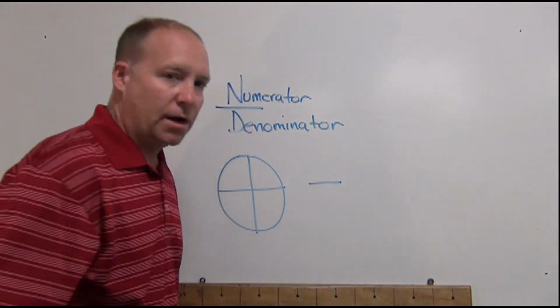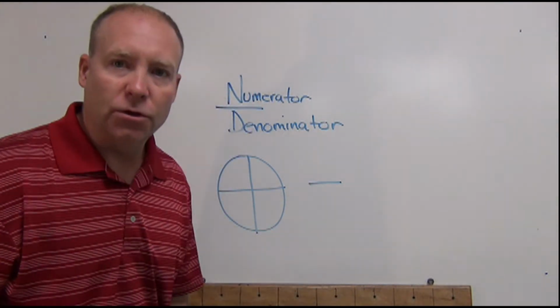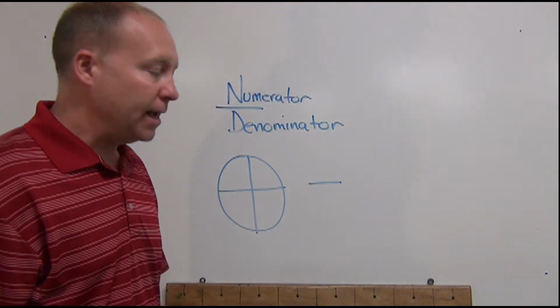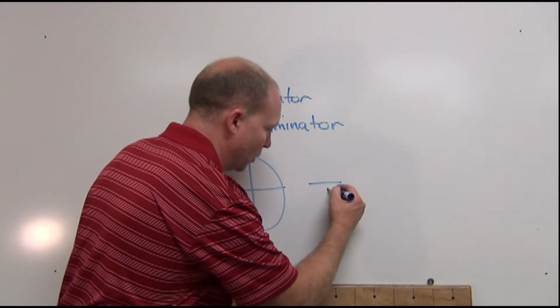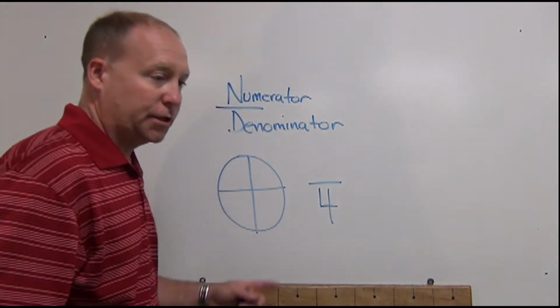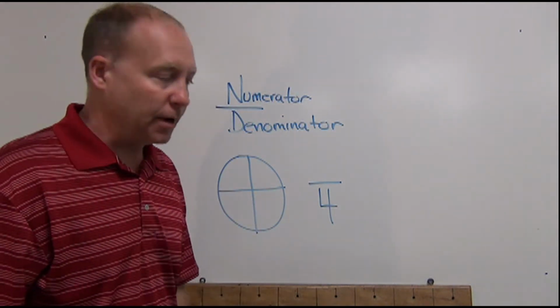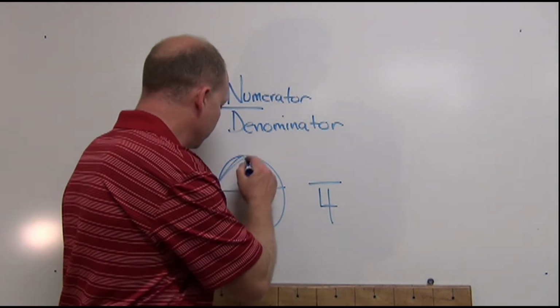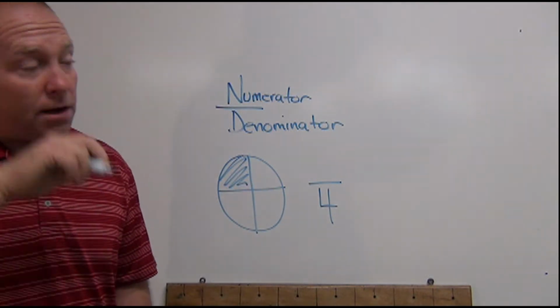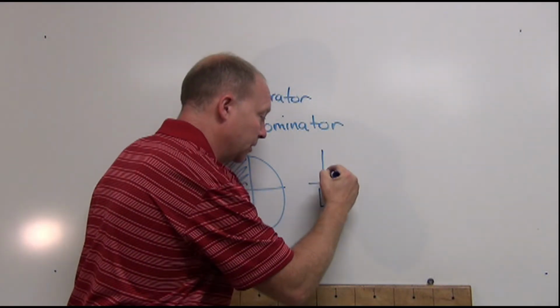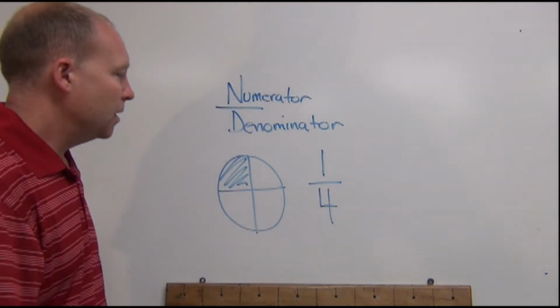Do we know the denominator or do we know the numerator? And we know that the denominator is 4 because there are 4 possible parts. All right? If we shade one, then we know that the shaded part is 1/4.